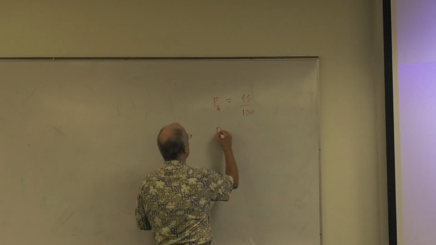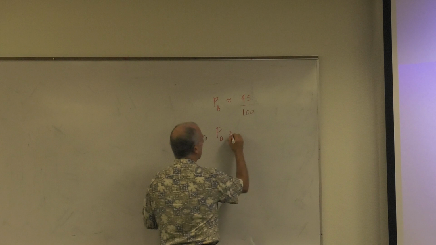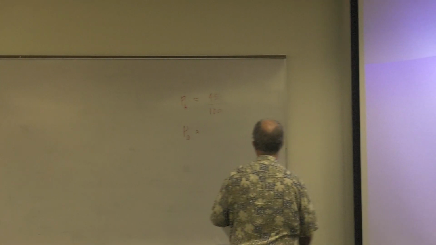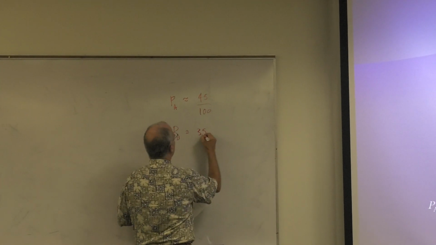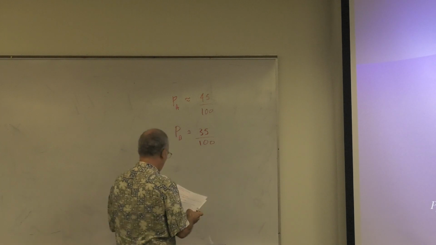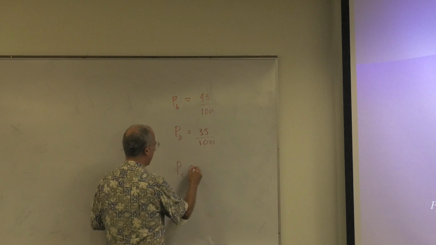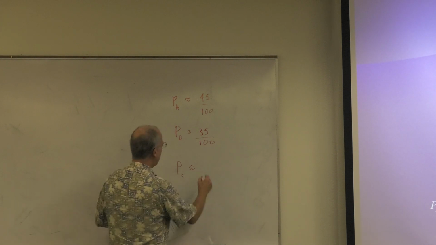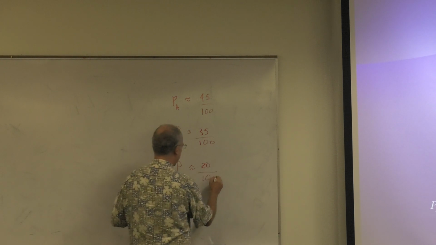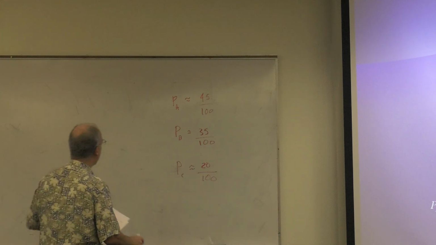What's PB? What's the probability that something will land in B? Well, there's 35 in B, and there's 100 total. And of course, what's PC? Political correctness, just kidding. 20 over 100. All right, how about this?